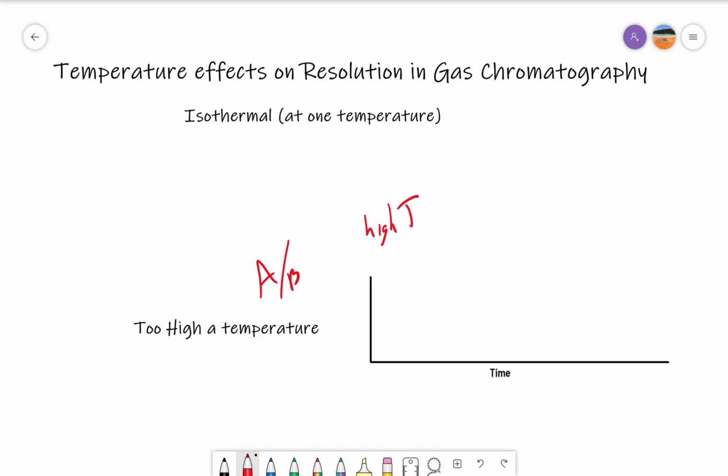A high temperature means low retention, or a low K prime value. It's going to be blown off the column really fast. That means the number of equilibria that A and B are going to undergo are going to be very small because they won't be on the column that long. They won't interact with the column. There will be a few number of equilibria. N goes down, and therefore resolution or separation goes down.